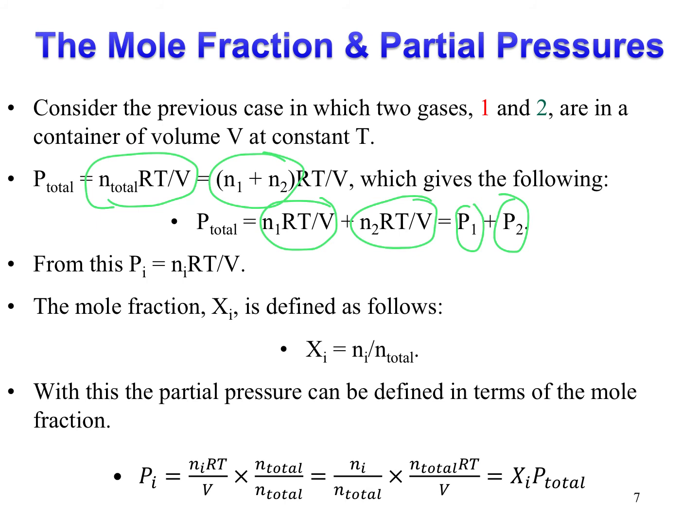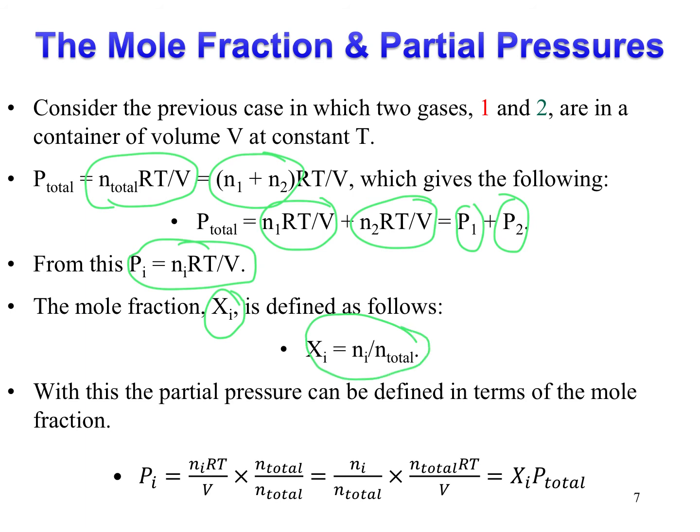Generically, the pressure of an individual gas in a gaseous mixture equals the number of moles of that gas times R times temperature divided by volume. Next, we define the mole fraction, X sub i, as the number of moles of gas i, n sub i, divided by the total number of moles of gas, n sub total.